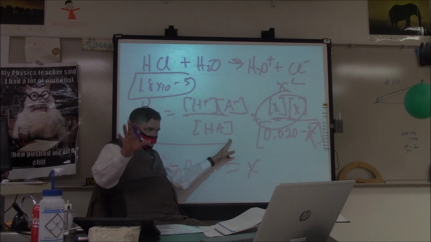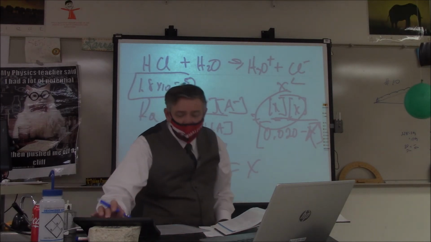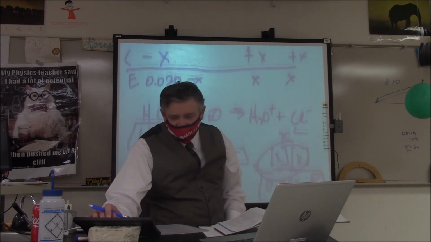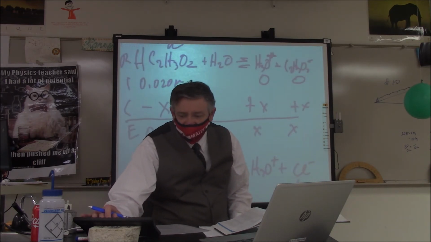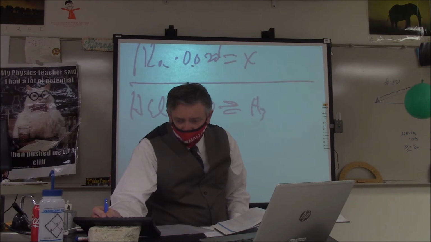Now, let's contrast that with hydrochloric acid. If this is hydrochloric acid and water, you get hydronium ions and your anions. Let's say that's 0.02 molar, that's 0, that's 0.